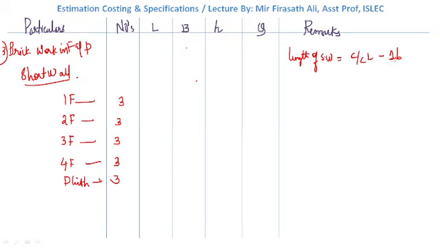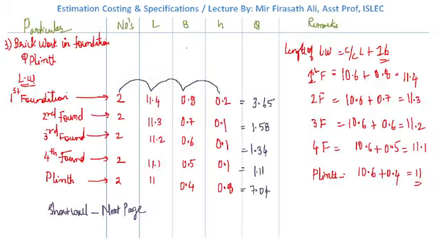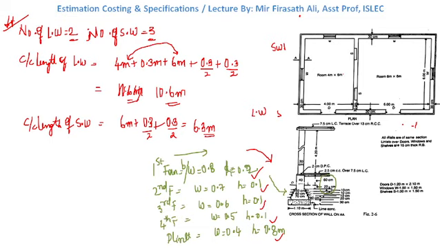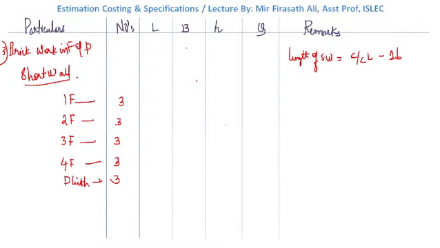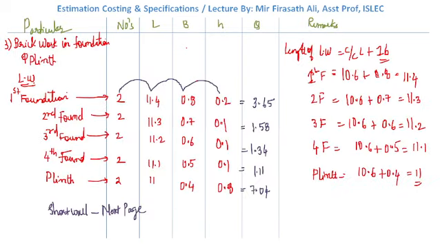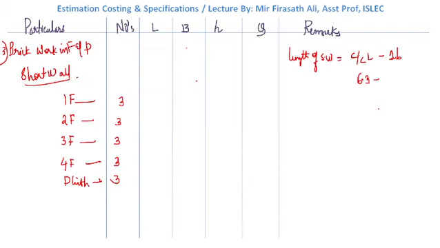What is the center to center length of short wall? It is 6.3. Minus, what is the first breadth? Here you did plus, but in short wall you need to do the minus. So minus 0.8.